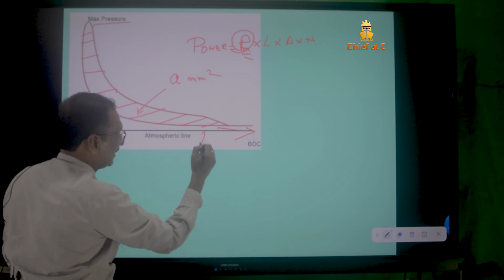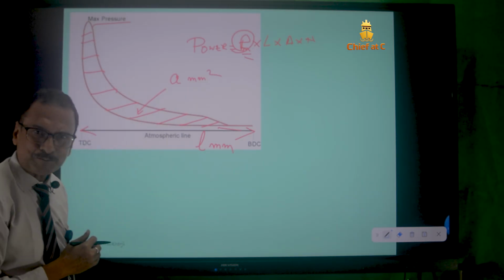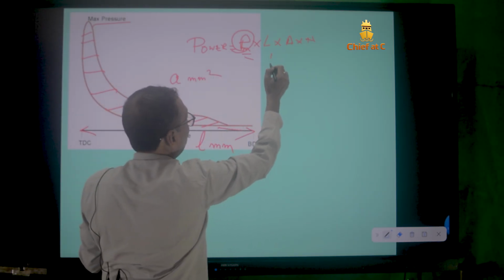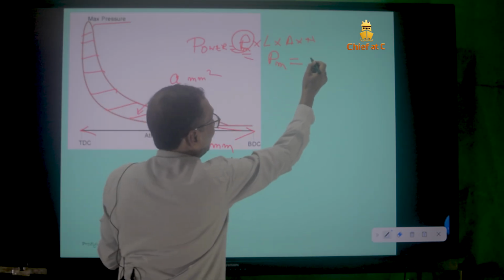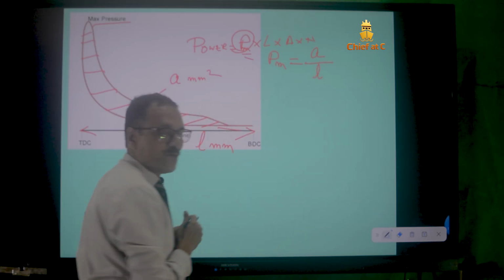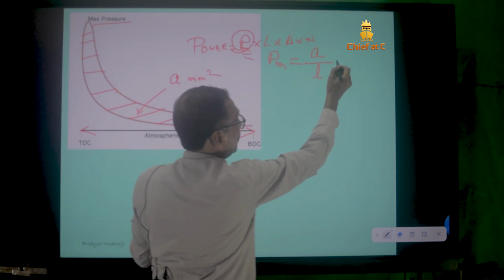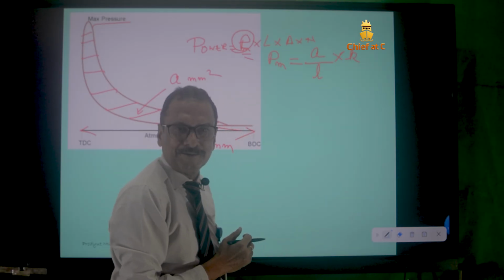Let us say that is small l millimeter, and the mean pressure would be expressed as the area under the curve a divided by small l into a constant called the spring constant.